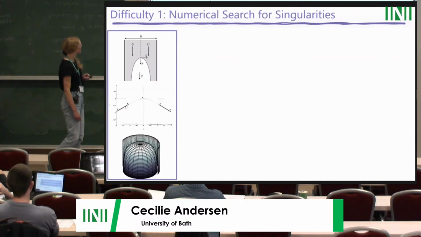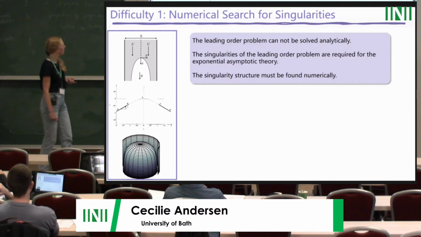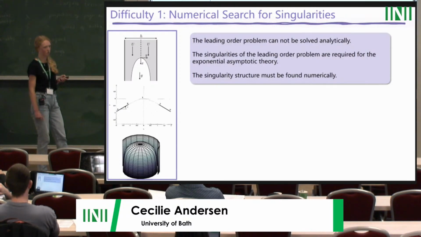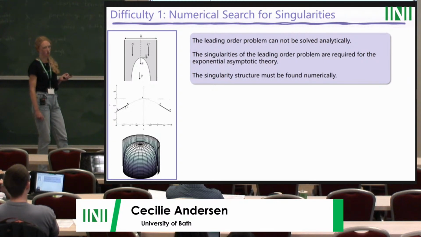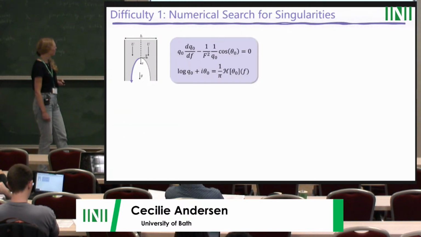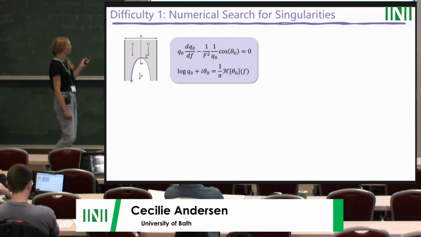Okay, so the first difficulty arises because sometimes we can't solve the leading order problem analytically. We still need the singularities for the exponential asymptotics, so we need to find their structure numerically. So let me give you an example of some work we've done for the rising bubble case.